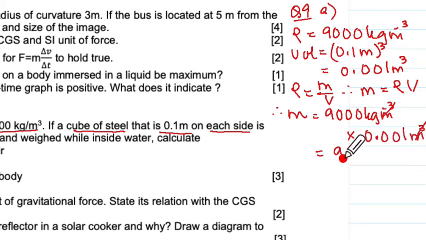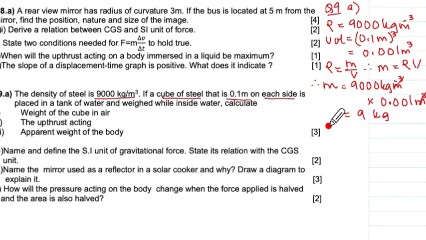So we will have 9 kg. And so if they want to find the weight of cube in air, so our first answer will be weight in air will be 9 kg multiplied by g, which will be 90 Newton. You could also write 9 kgf because it is 9 kg, the weight in air becomes 9 kgf.